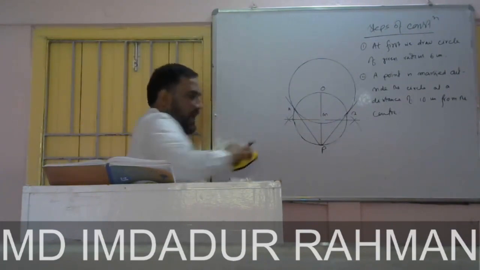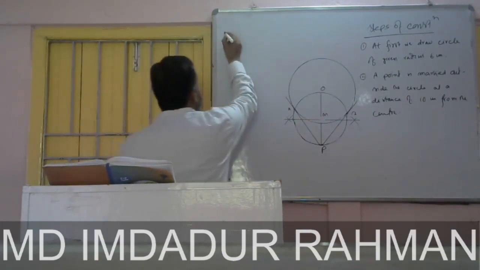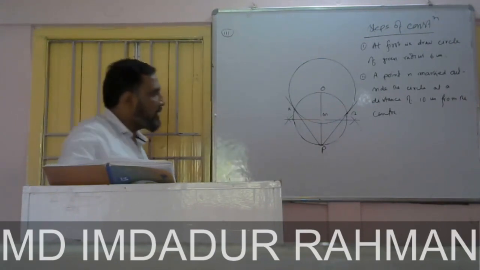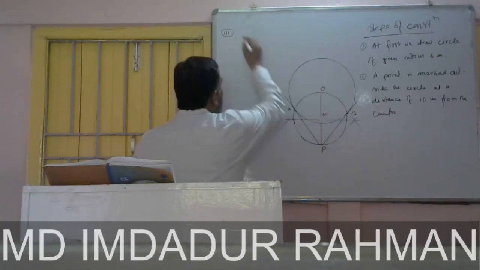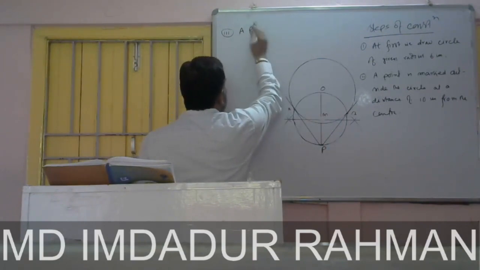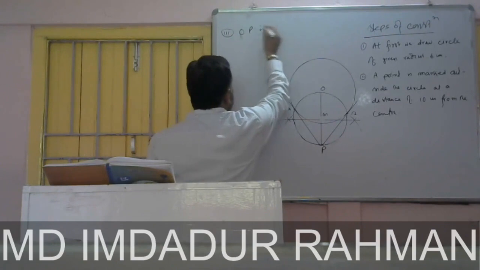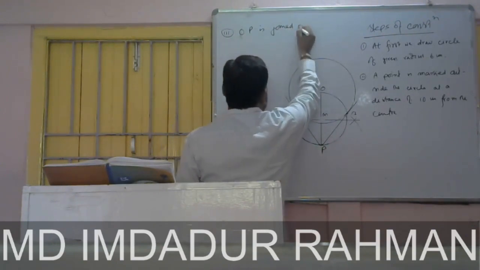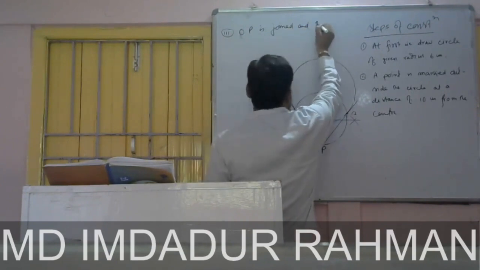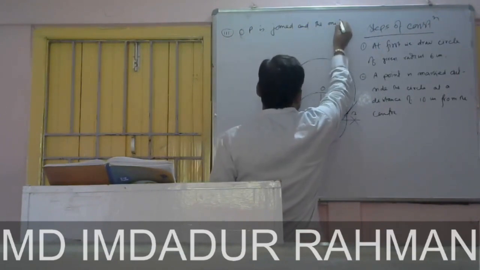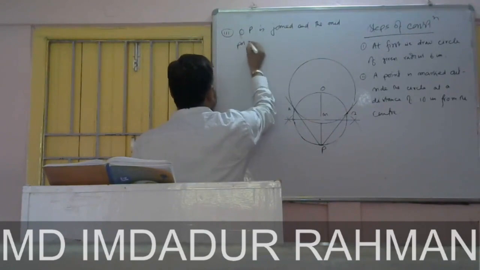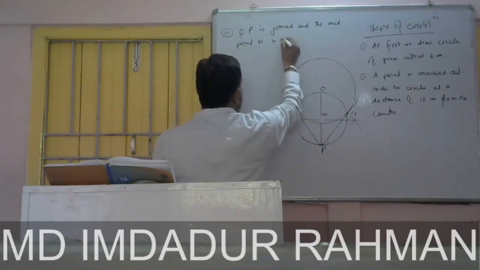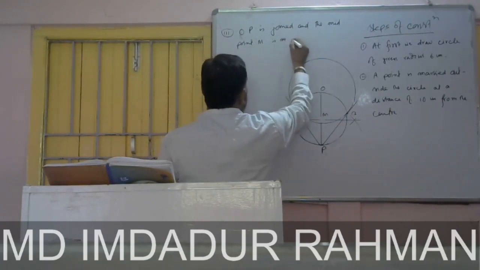Now step 3. What is step 3? OP is joined and the midpoint M is marked out.